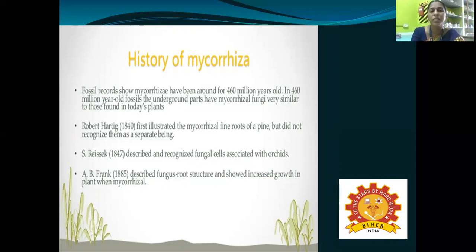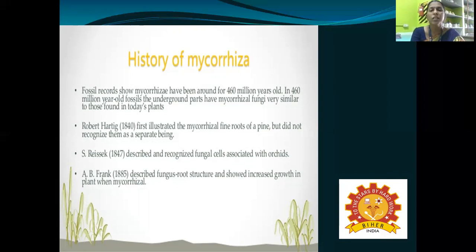Next, the scientist Reess, in the year 1847, described and recognized the fungal cells associated with the roots. And finally, the scientist Frank, in the year 1885, developed the concept of the fungus root structure.